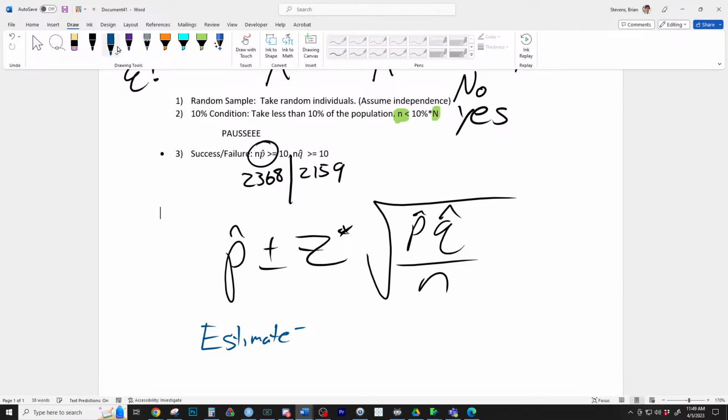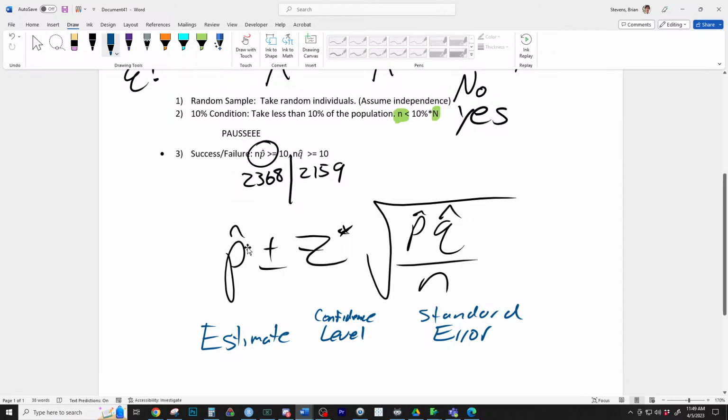This next thing is the confidence level. And the last thing here is the standard error. Basically standard deviation. So there's three parts to this.